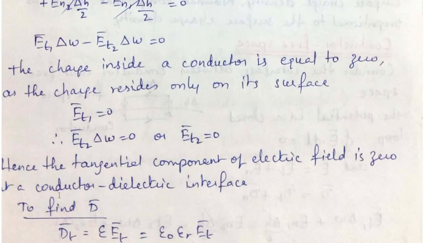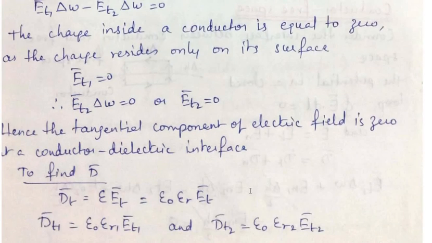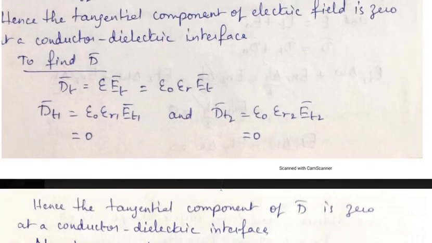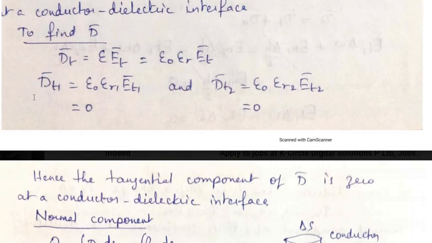So we can conclude that the tangential component of electric field is 0 at a conductor dielectric interface. Next we need to solve for the tangential components of D by using the relation between D and E. Dt1 is equal to epsilon naught epsilon R1 Et1, but Et1 is equal to 0, therefore Dt1 is also equal to 0.